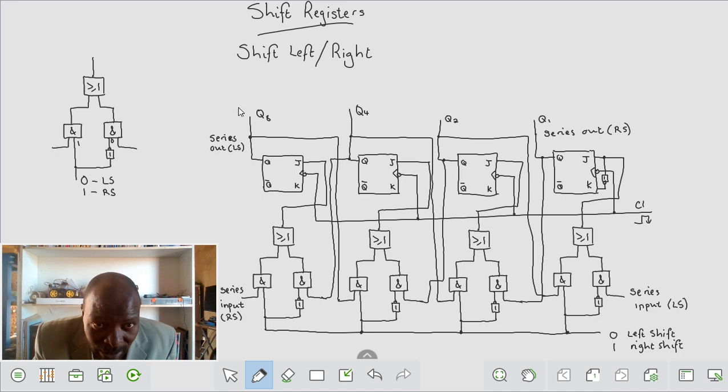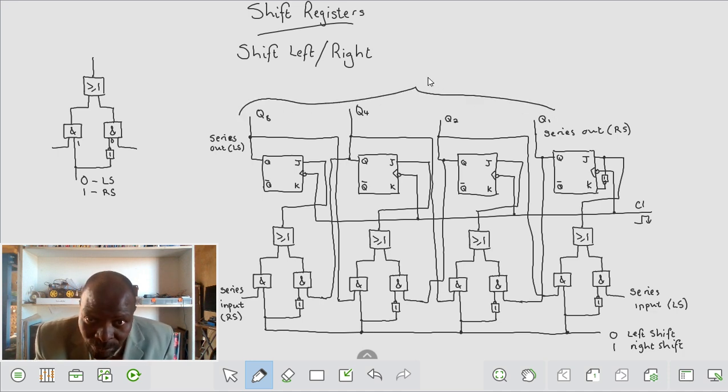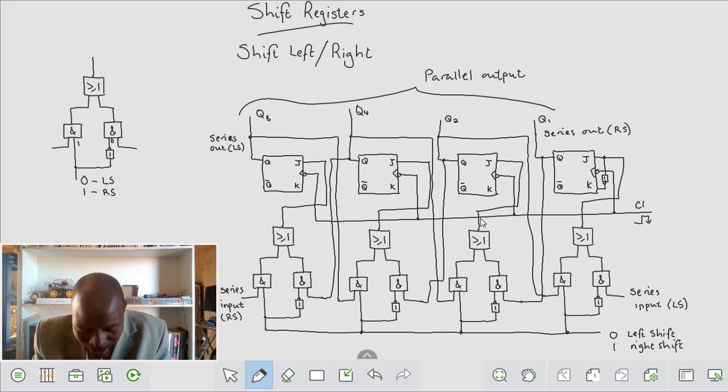Again, remember that this will still be our parallel output, and we would need 4 clock pulses to get our parallel output. But to get our series output, we need one less more.